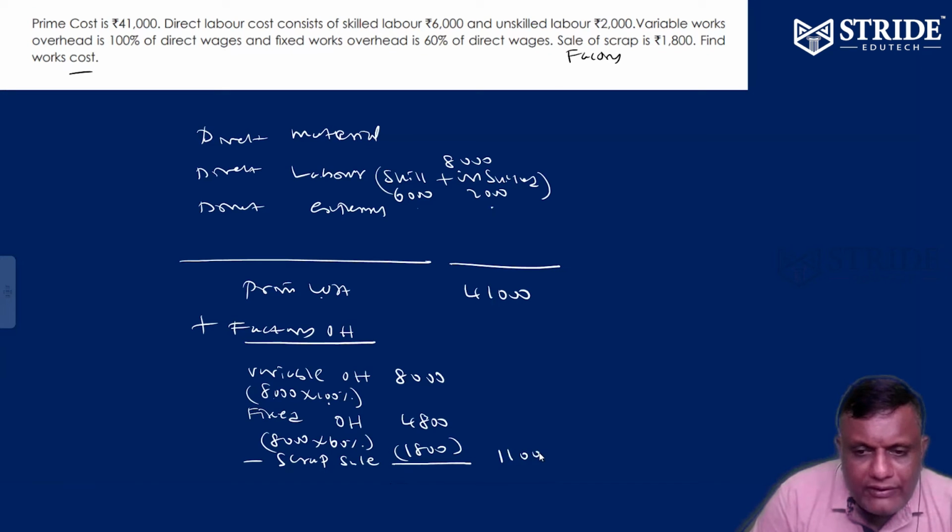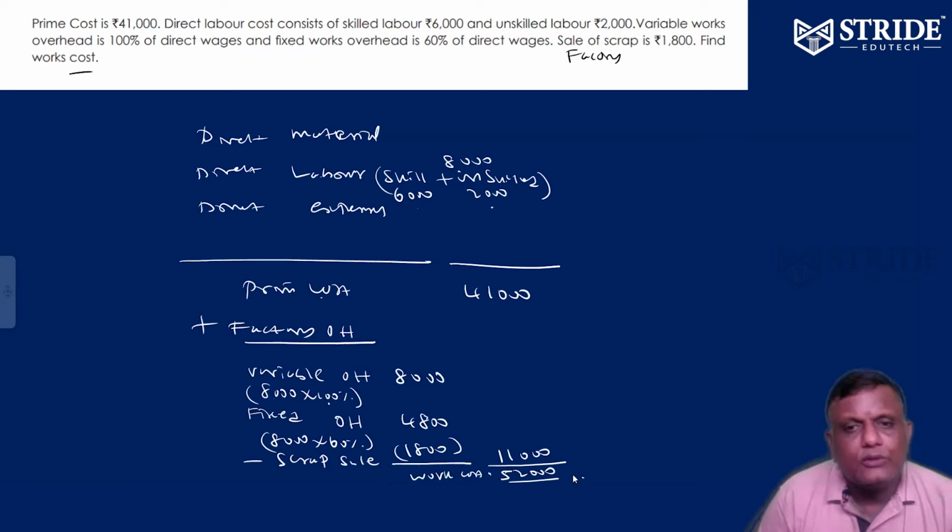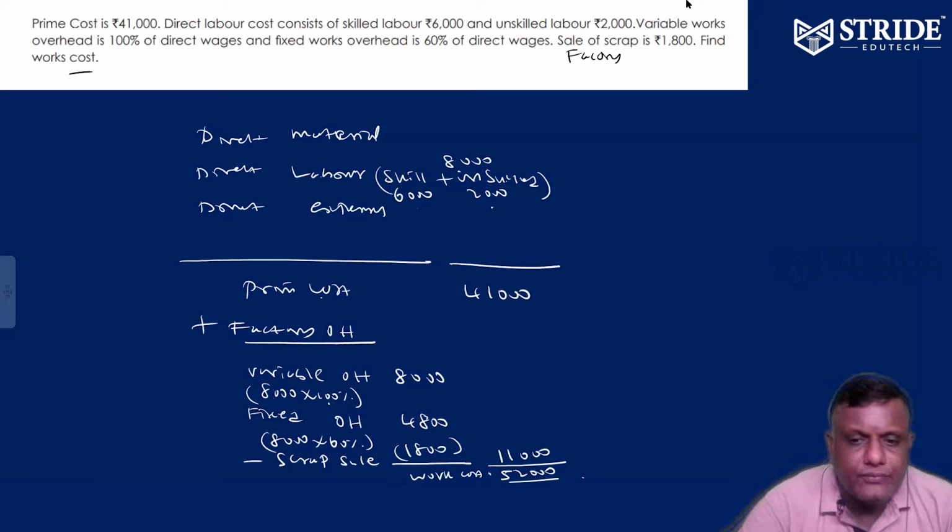So 11,000 is equal to factory overheads. 41 plus 11 is 52. 52,000 is nothing but work cost.